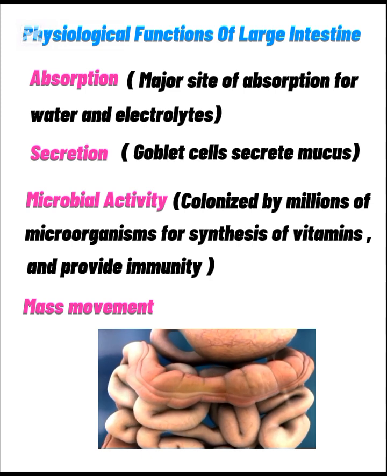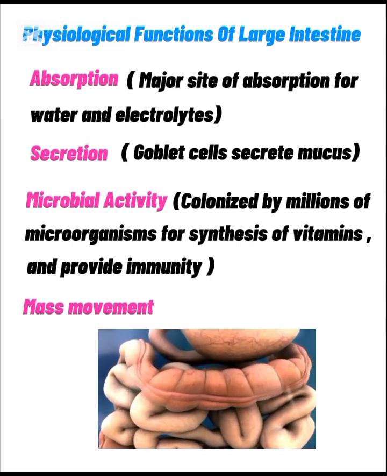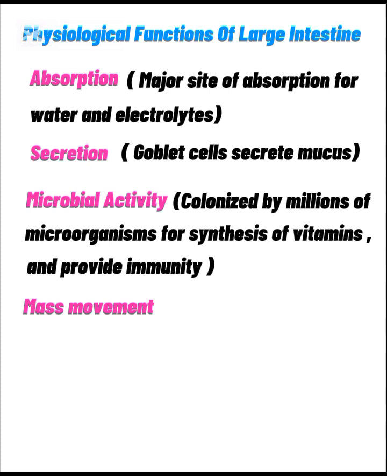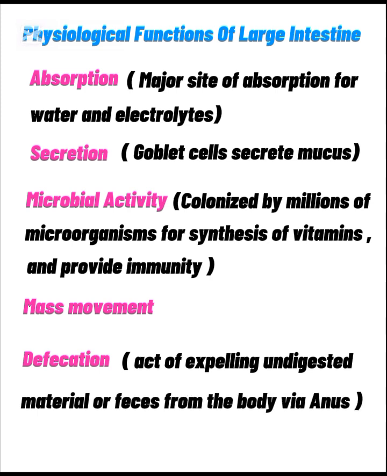This movement is known as mass movement and it is precipitated by entry of food into the stomach. So this combination of stimulus, that is entry of food into the stomach, and response, that is mass movement, is known as gastrocolic reflex. Next function is defecation, that is the act of expelling the feces from the body via the anus.